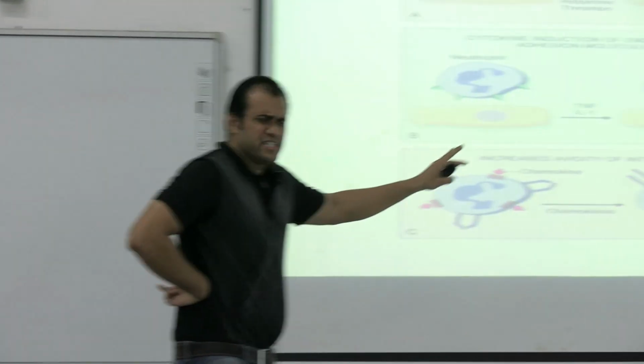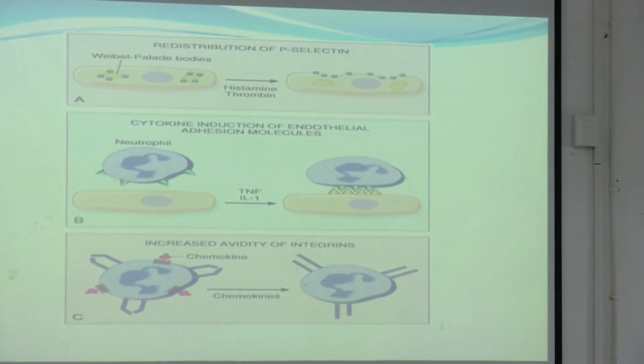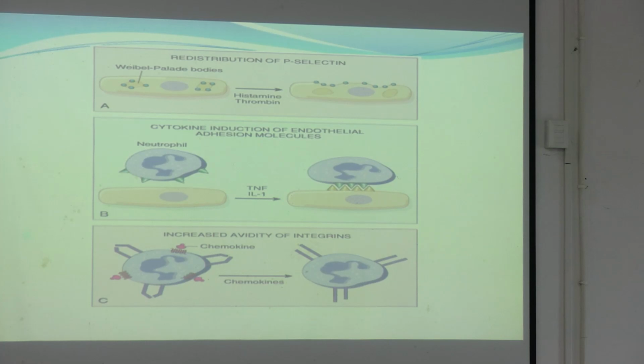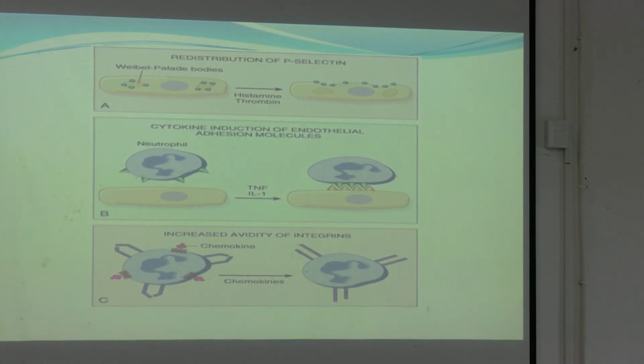So you can remember this picture, though it is not that important because the new edition of Robbins has deleted this picture. I'm not explaining too much. These are all the P-selectins which are actually located inside the endothelium. This explains that in a normal state, when there is no inflammation and the endothelium is in an inactive state, the selectins are located inside the endothelial cells.